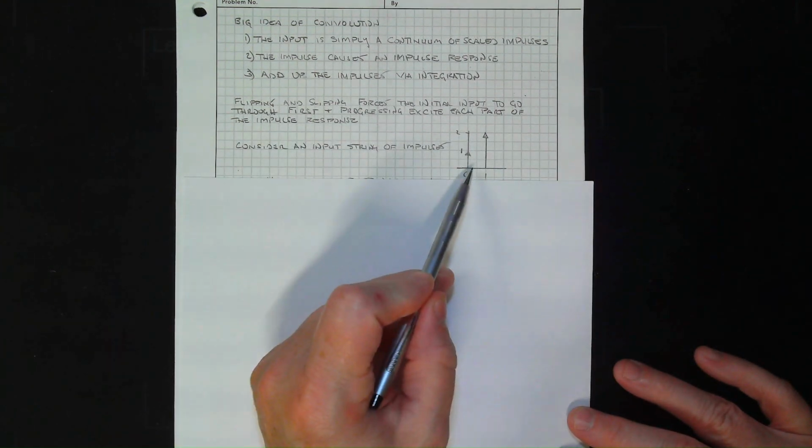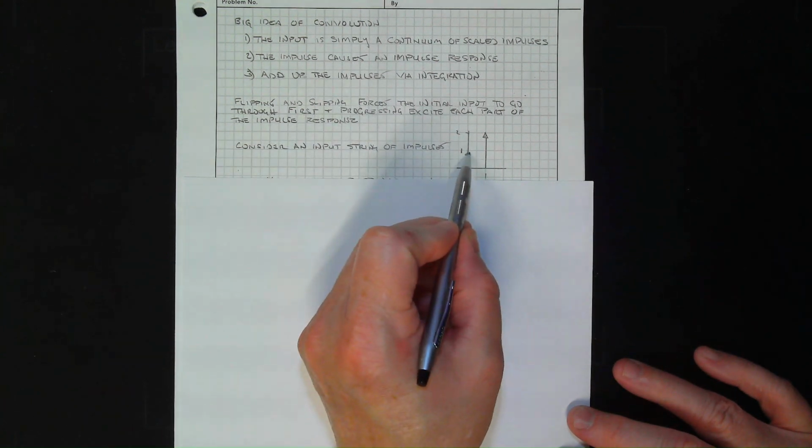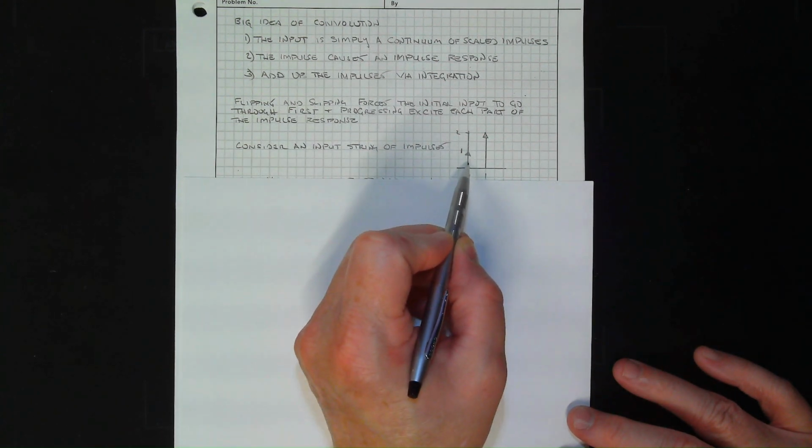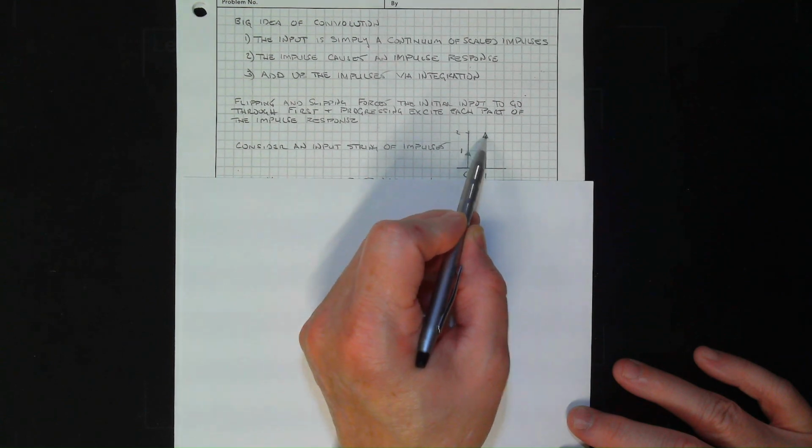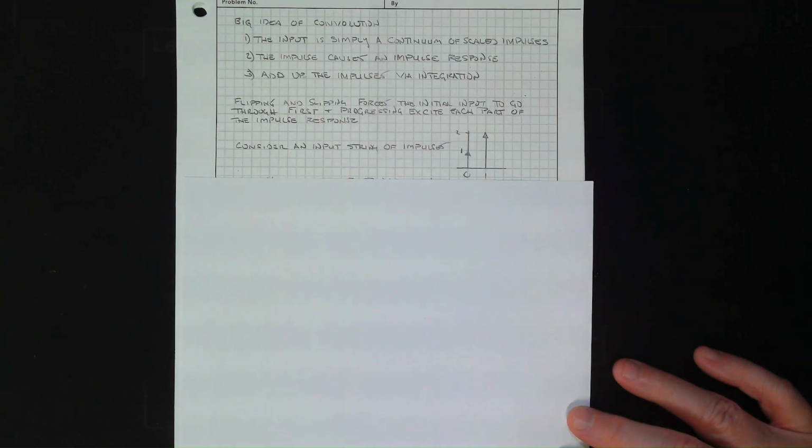All right. So let's try to visualize this a little bit. Here's going to be an input. It's a string of two impulses. At time 0, I have an impulse of strength 1. And then at time 2, I have an impulse of strength 2. I want to visualize what's happening.